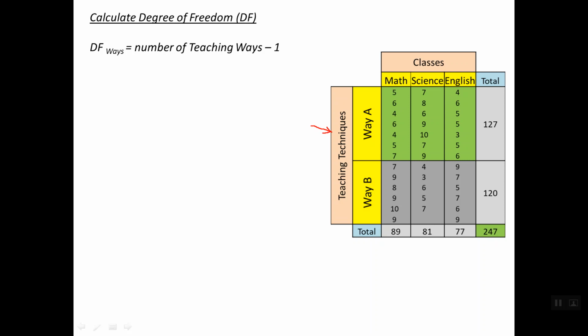So we subtract 1 from 2, and we get the degree of freedom for the ways, which is A minus 1. A represents the number of levels for the first factor. So this is the degree of freedom for the ways. It's 1.